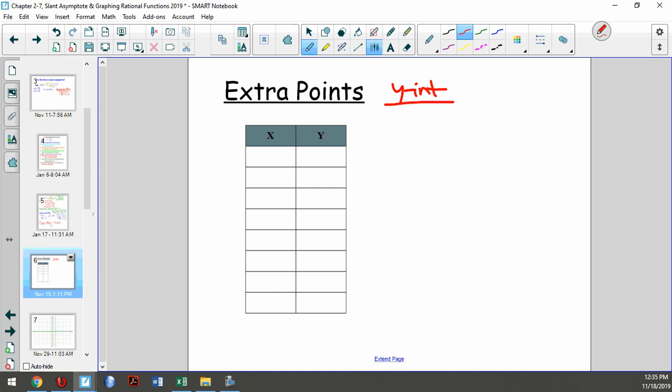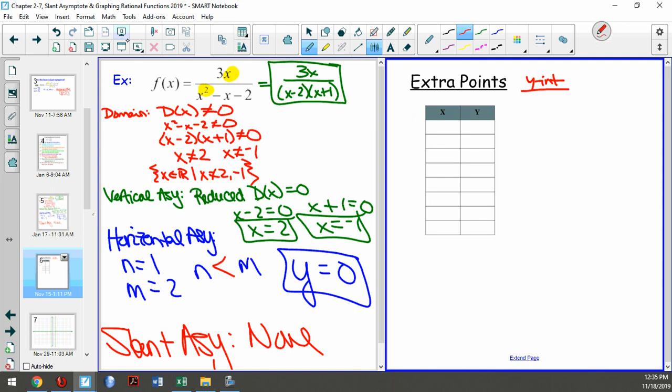So my equation is going to be y is equal to 3 times 0 over 0 squared minus 0 minus 2. Do you see that? What's 3 times 0? What's 0 times anything? So that means I have y is equal to 0.